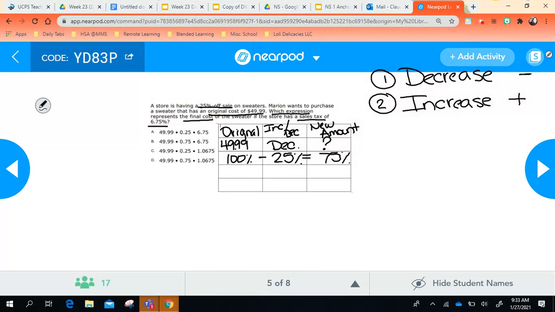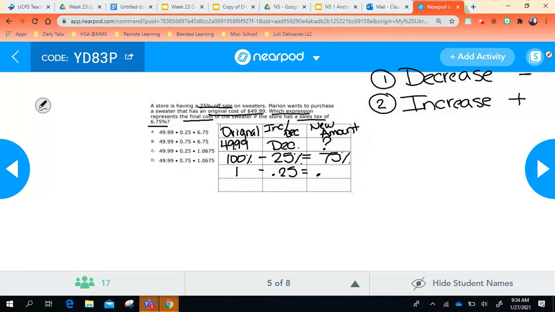Now I'm going to go ahead and do my decimals. So what is 100% as a decimal? 1. It is 1. 1 minus, what is 25% as a decimal? 0.25. What is 1 minus 0.25?